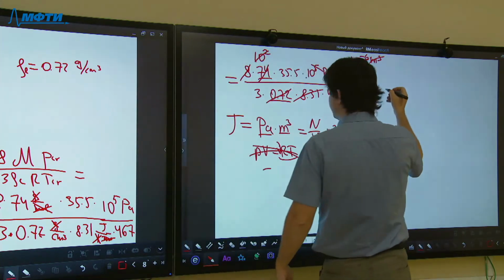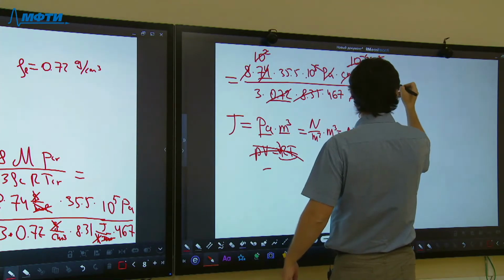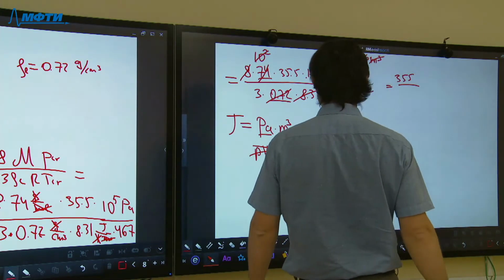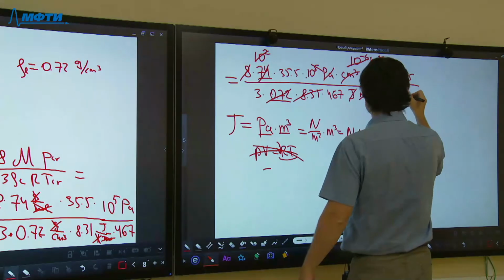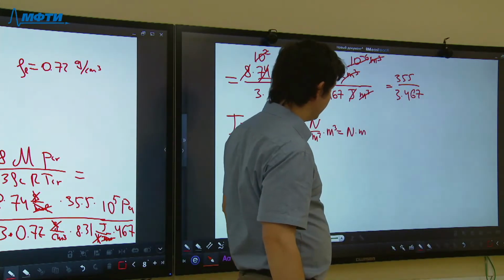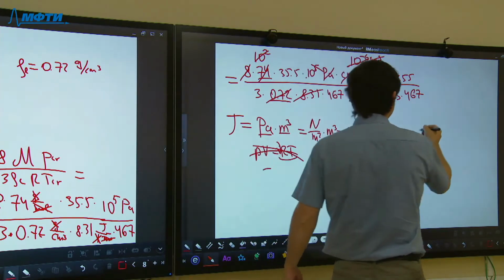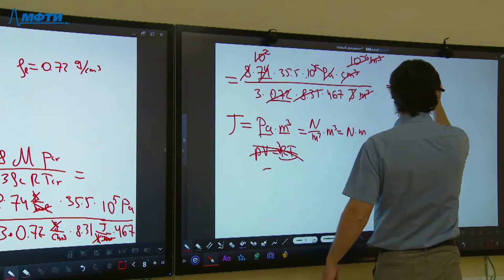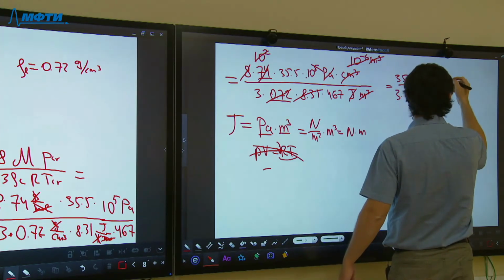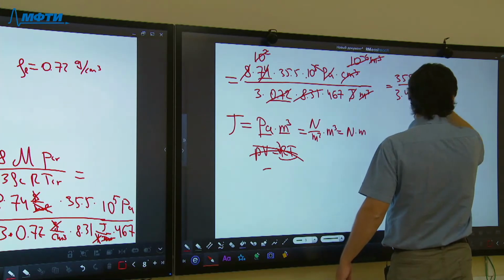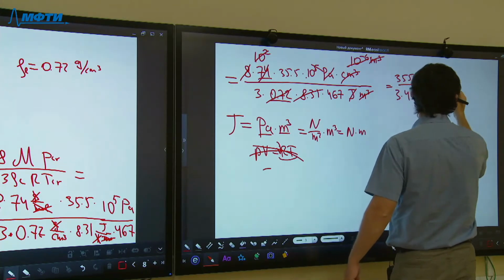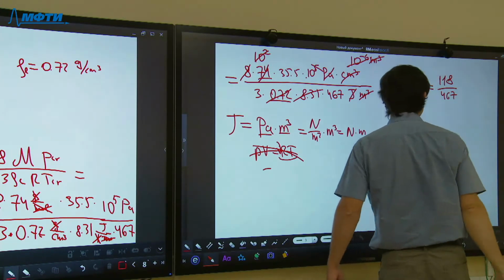So now I get that the answer is something like 355 over 3 times 467. Well, we need to get some estimate of that. Let's divide 3 and 55 over 3, so that would give you about 18 over 467.